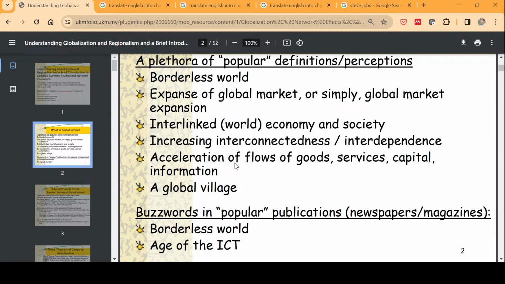Again, another article is the network economy, the new economy, network effects, and market structure.